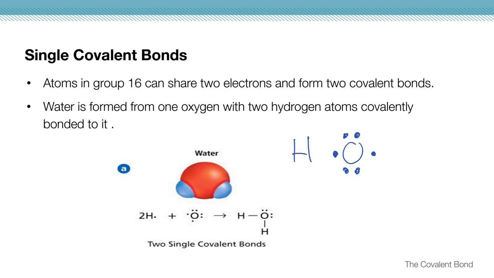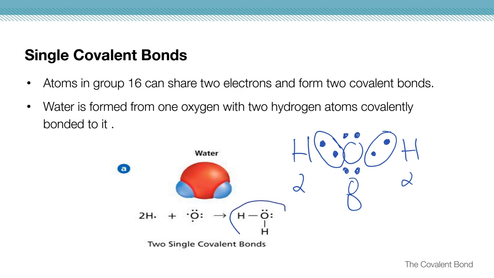This hydrogen has 1, and this hydrogen has 1. So they can share these. Now this hydrogen has the 2 that it needs, this has the 2 that it needs, and this oxygen has the 8 that it needs, that most of our atoms need.